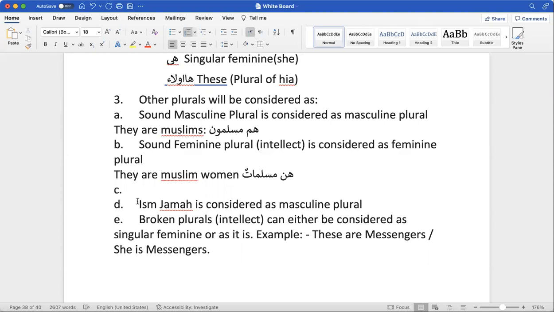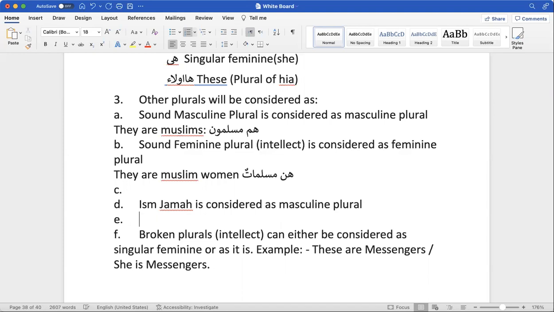Understand that. Now then you have ism jama. Ism jama like qaumun, karnun, nasun. They're always considered as masculine plural. So for example, you have qaumun. If you had to say these nations, those nations, you will use the appropriate masculine plural pronoun.